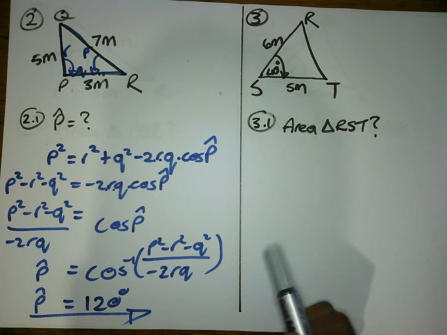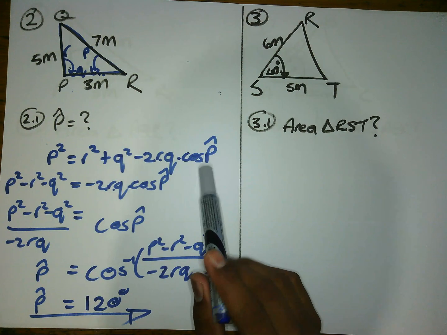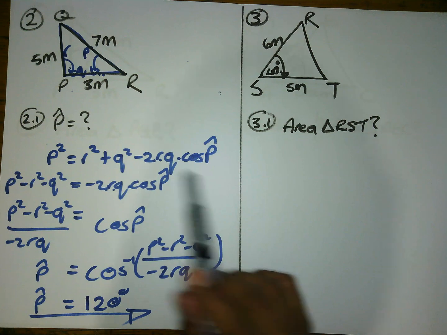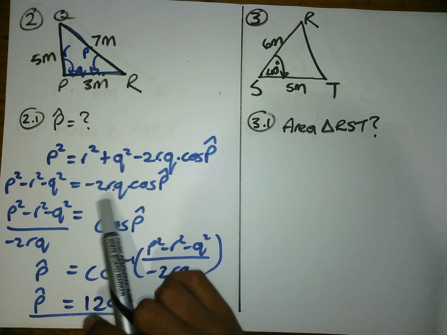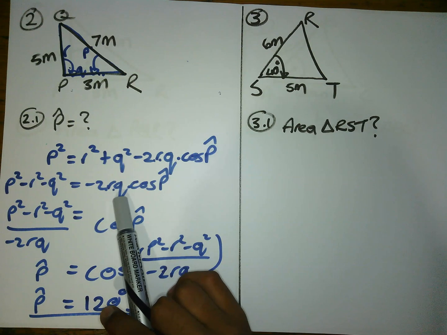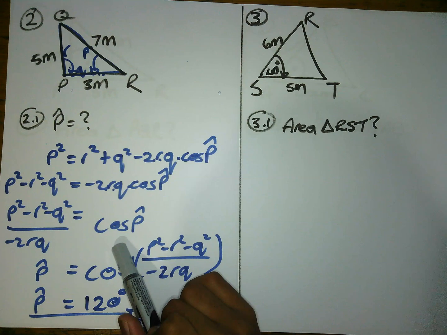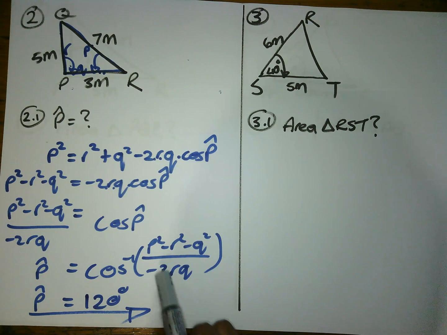Remember, we had to manipulate to get angle P alone. And the only way to do that is to take these over, divide with negative 2RQ, then you do the inverse function of cos to get your angle P. But you need to substitute in your values. I just didn't have space here.